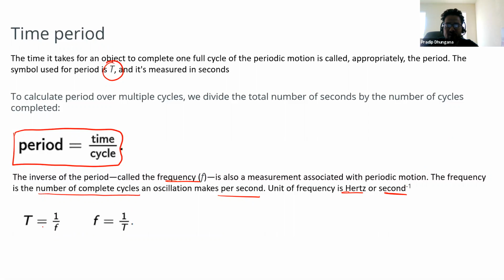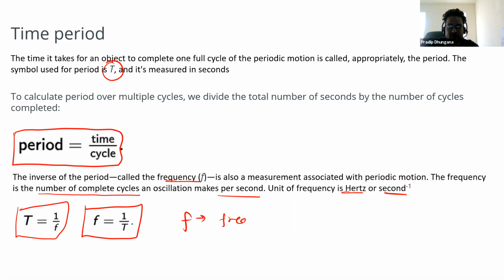So time period and frequency have an inverse relation, as we can see here. Time period is 1 over frequency, and frequency is 1 over period. Here f is frequency and T is period.